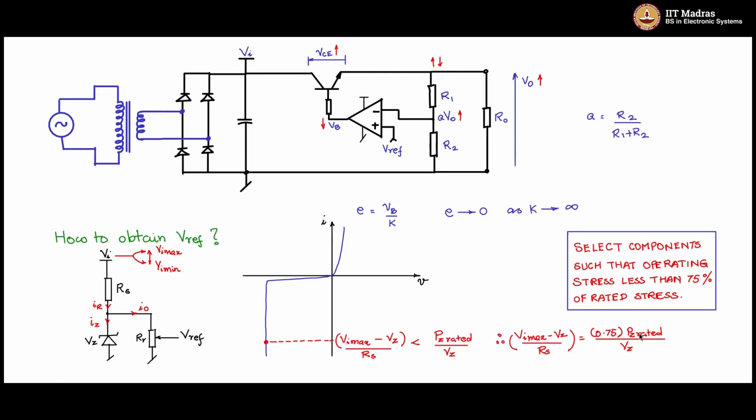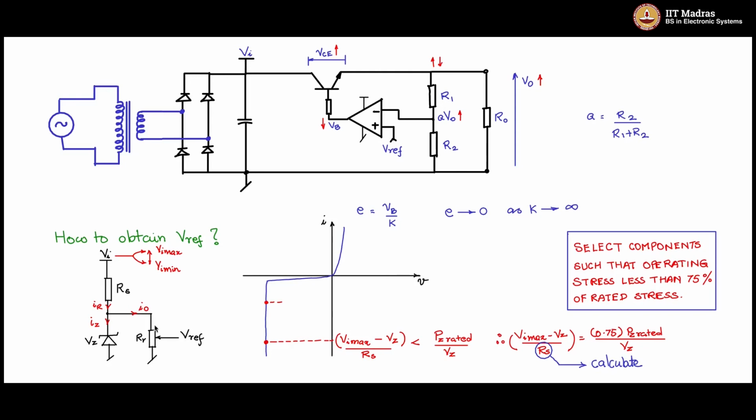PZ rated is known because I have chosen the diode, Vz is known, Vi max is known, and therefore Rs can be calculated. So this is the value of Rs that you will calculate and use here at this location.